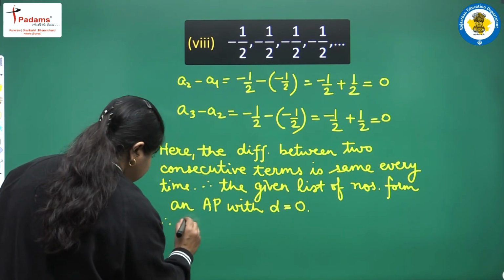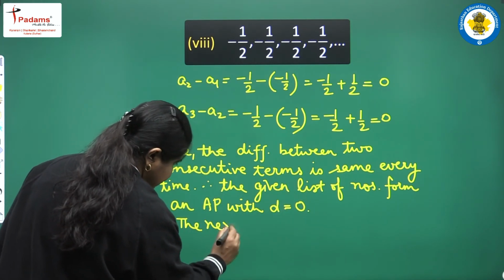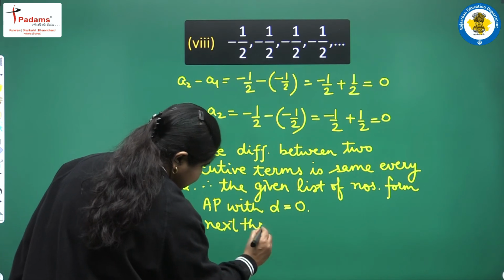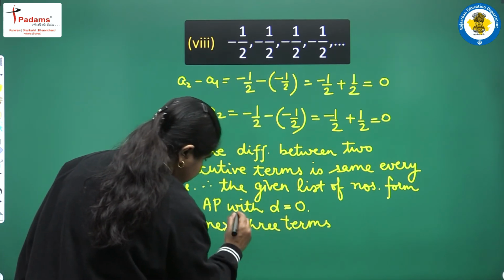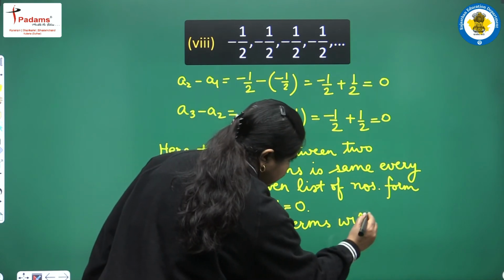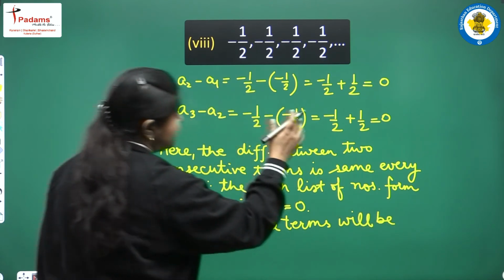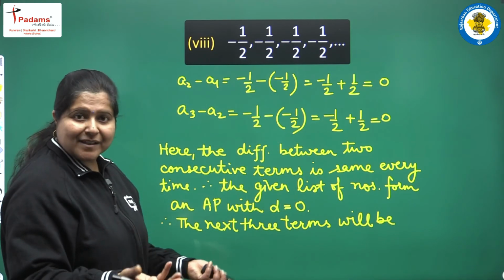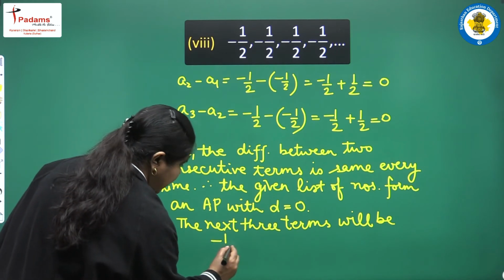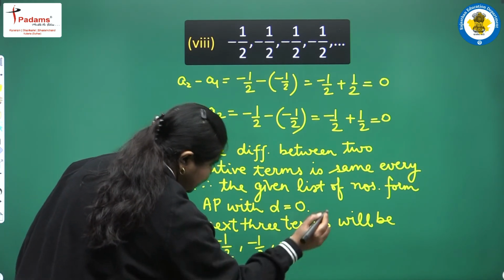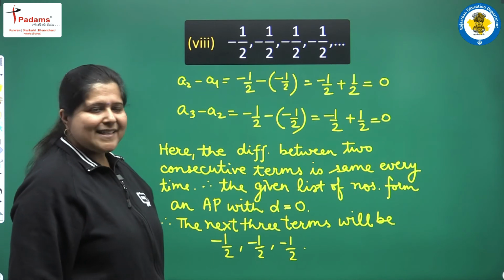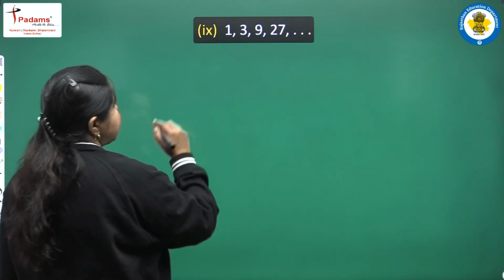And so, the next three terms, what can you say about these terms? Will be the same, क्योंकि हम बार बार 0 ऐड कर रहे हैं तो यही टर्म तो रहेगी बार बार. It will be -1/2, -1/2 and -1/2. That's simple, isn't it? Next we take the ninth part.